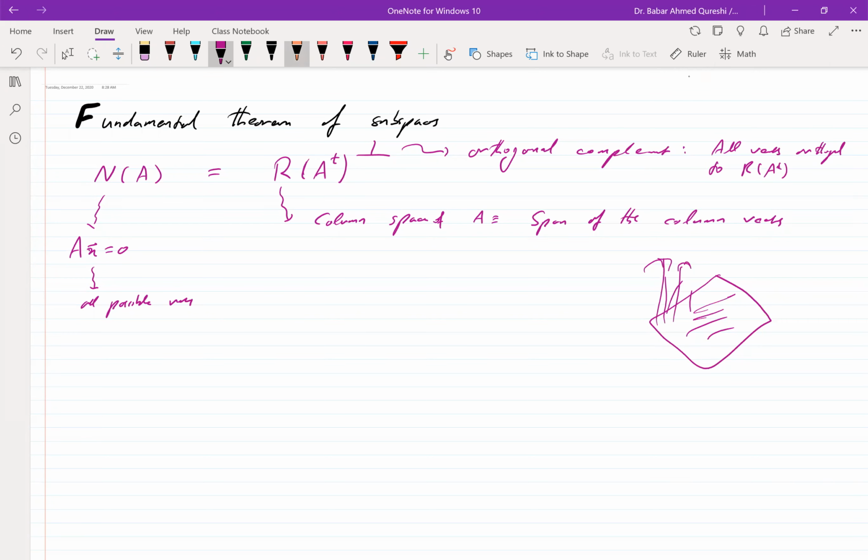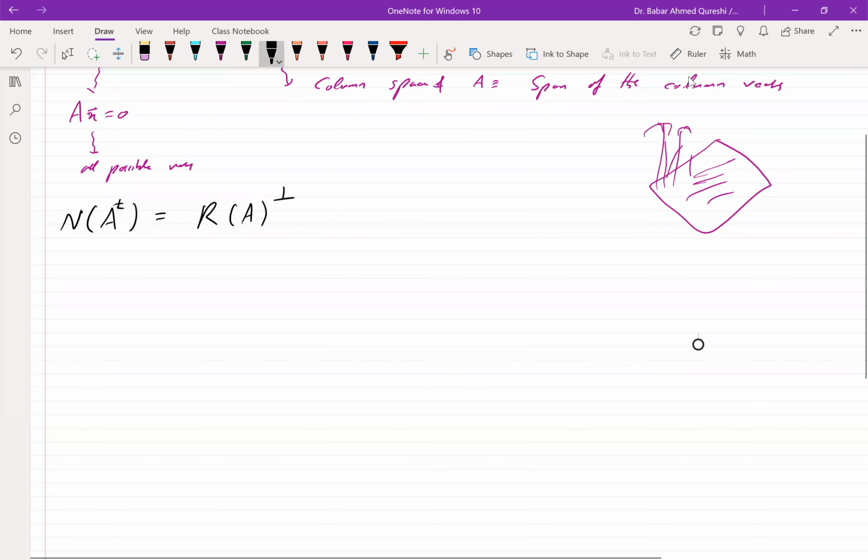And you can also replace A by A transpose. Then the null space of A transpose is the same as the orthogonal complement of the column space of A. So what I want to do is just show you some examples of it.